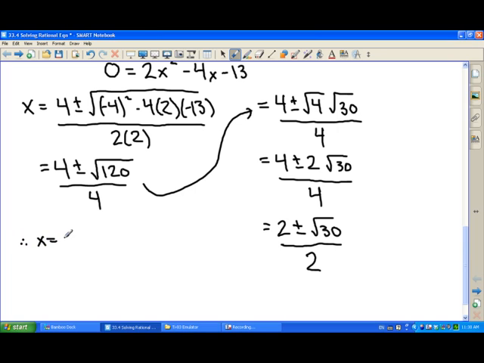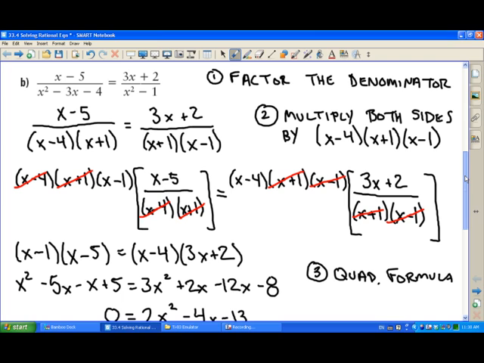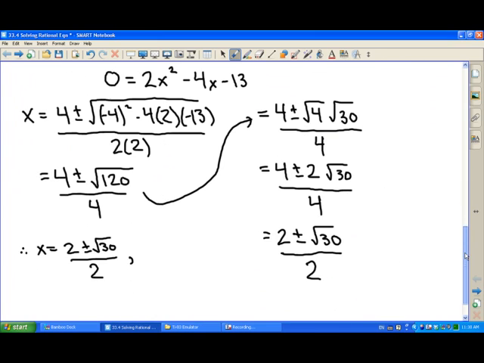So x is equal to 2 plus or minus the square root of 30 all over 2. And I should specify, again, my restrictions. X can't equal positive 4, negative 1, or positive 1.